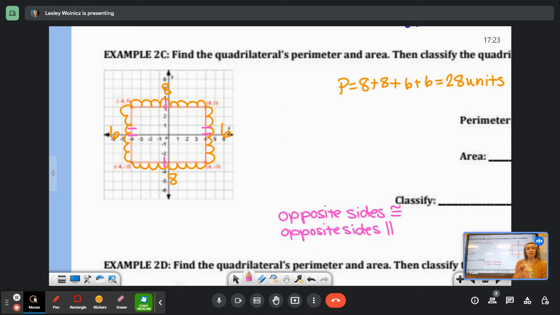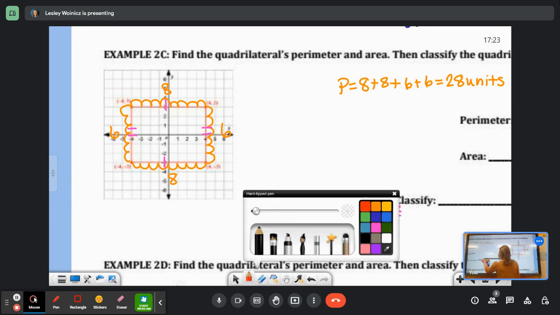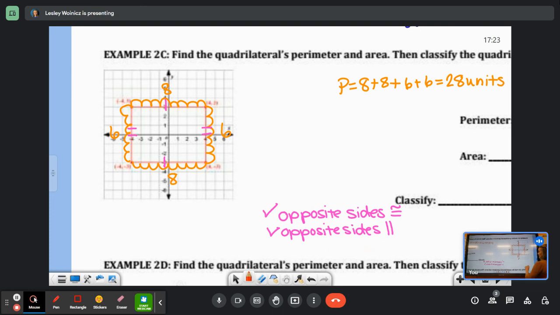What distinguishes a rectangle? These are both vertical, these are both horizontal, so we have opposite sides parallel, check, opposite sides congruent, check. Okay, what distinguishes this from a regular parallelogram is that our consecutive sides are also perpendicular. Okay, this is a big one. Okay, a consecutive side is not like opposite sides.